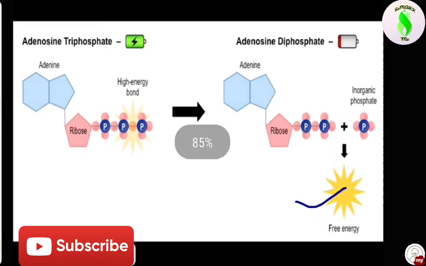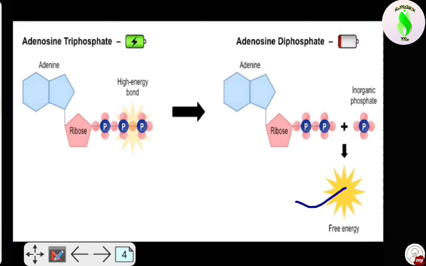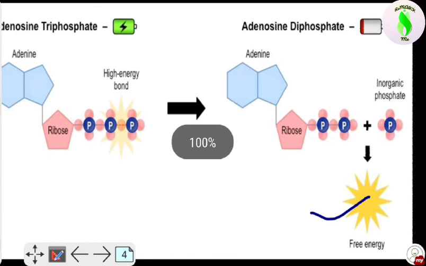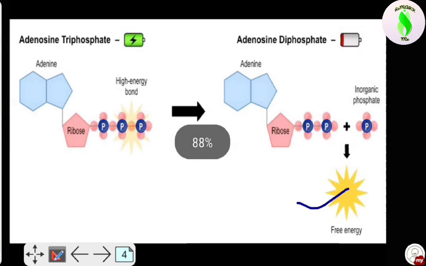The whole concept of ATP is about the inorganic phosphate ion. When the addition of 1 phosphate ion takes place, it forms ATP, and when ATP breaks down, that is hydrolysis taking place. When hydrolysis takes place, 1 inorganic phosphate ion breaks off, and this breaking of 1 phosphate ion releases energy, and in this way we get the energy.